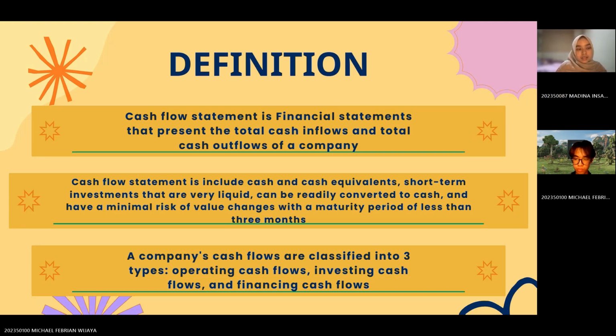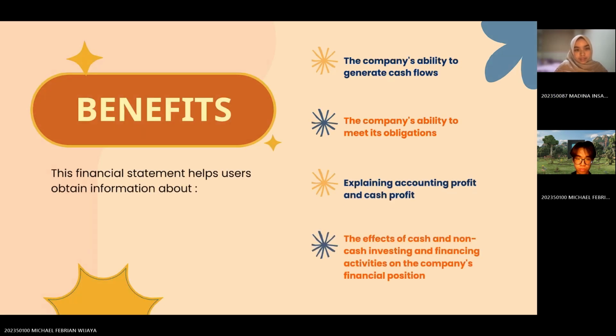Next, the benefit of cash flow. This financial statement helps users obtain information about, the first one, the company's ability to generate cash flow. This refers to how well the company can produce cash from its operations, which is important for sustaining daily activities and future growth.